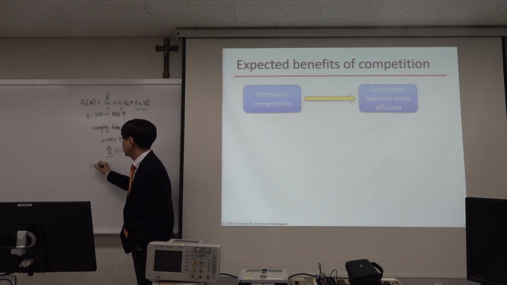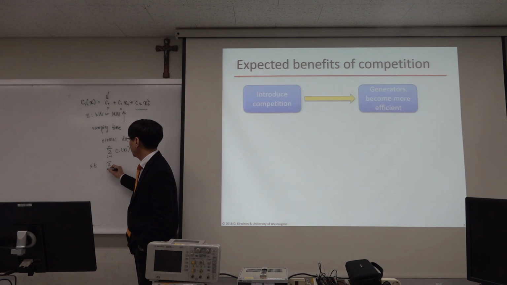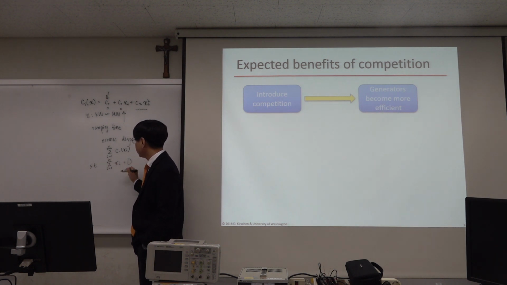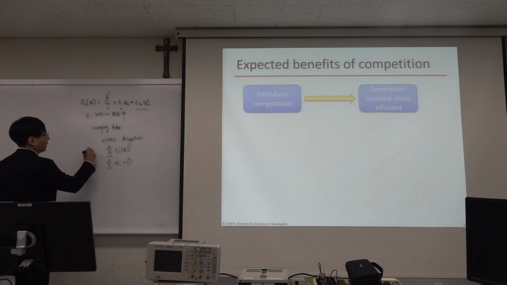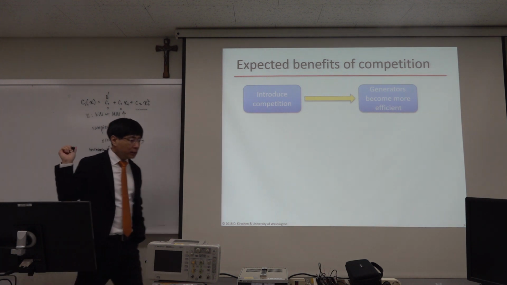Of course, we need to have some constraint. So the total amount of generation should meet some demand, which is denoted by P. And then we want to minimize this cost.